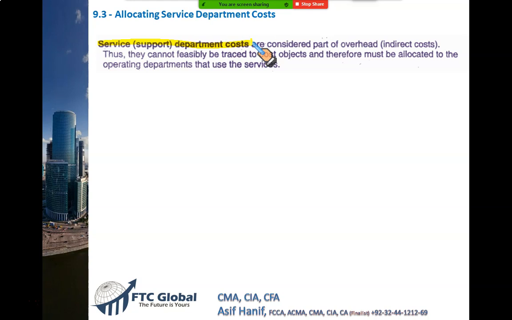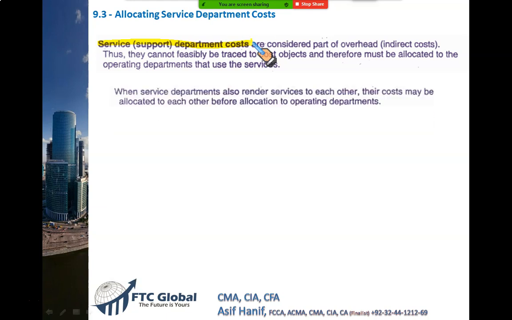So there are many service departments, support departments in our business, and those departments' cost must be charged to production. We must find some way to allocate these costs.